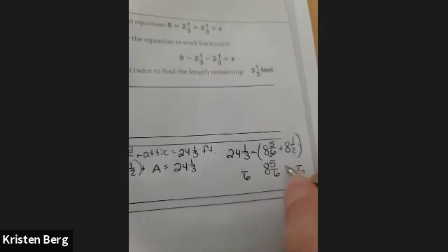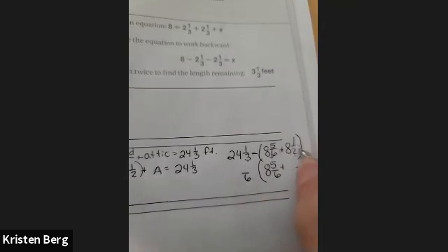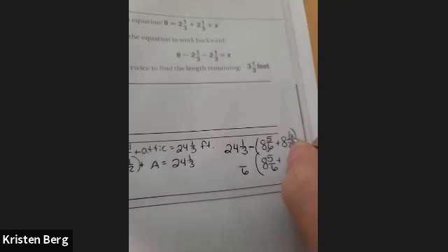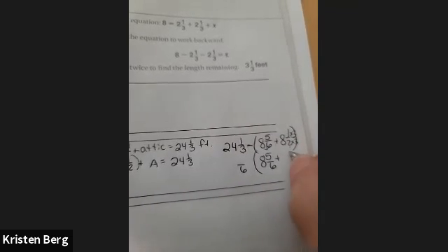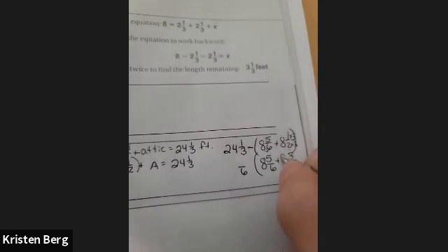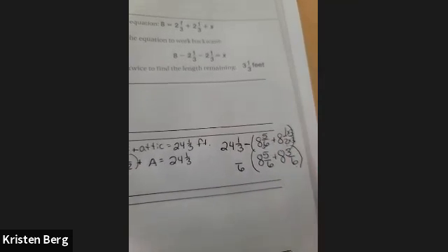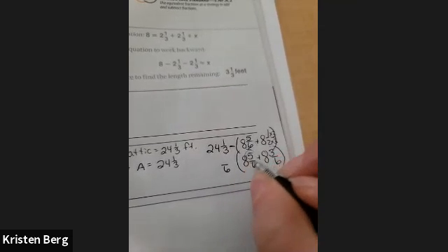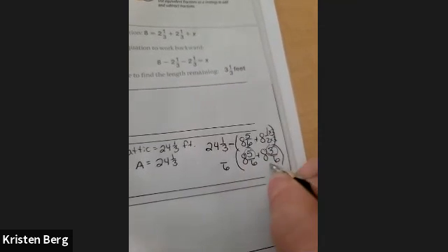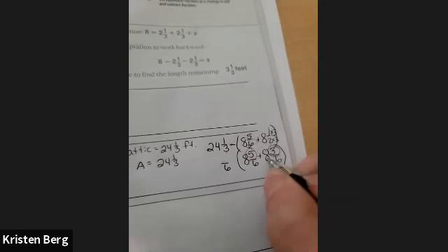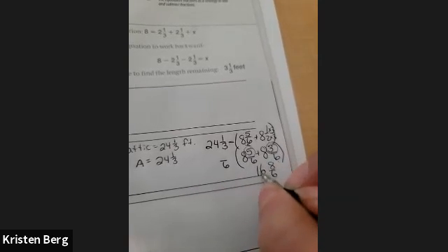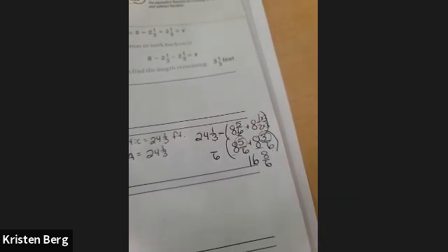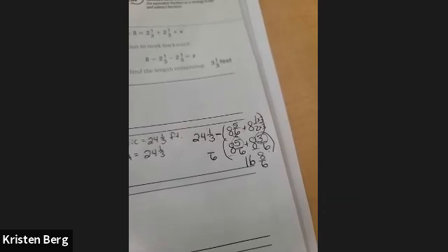It's already in 6. But here, what do I do to a 2 to get it to a 6? I times it by 3. So I must do the same to my numerator. 3 times 1 is 3. And then that is 8. So what this comes out to be is 5 plus 3 is 8/6. And then 16 wholes. 8 plus 8 is 16. But the thing is, can I have this? I cannot.